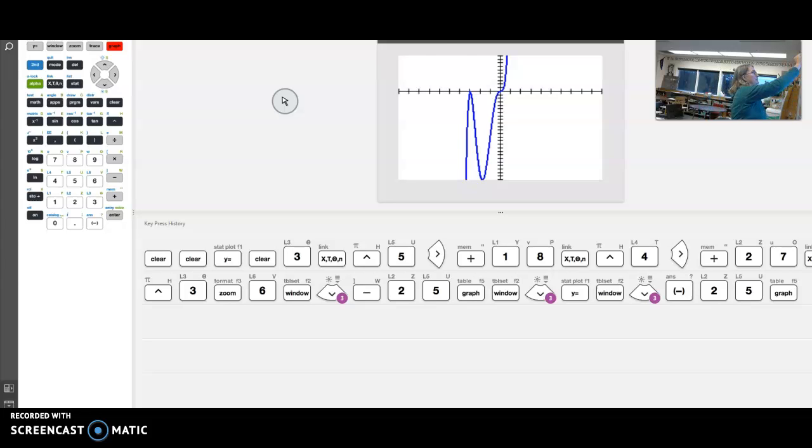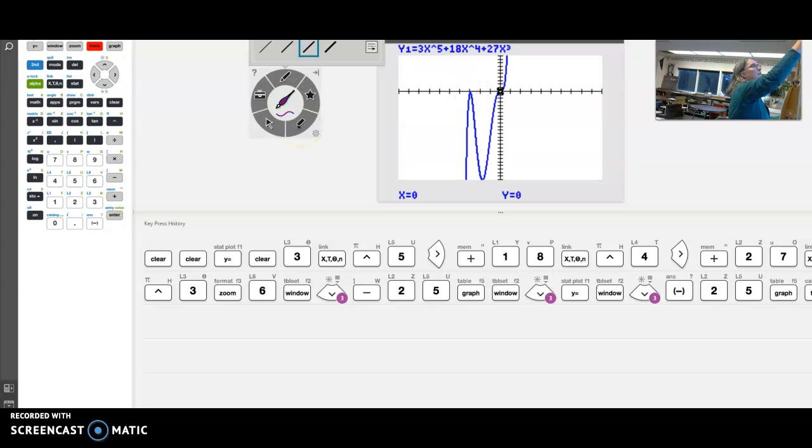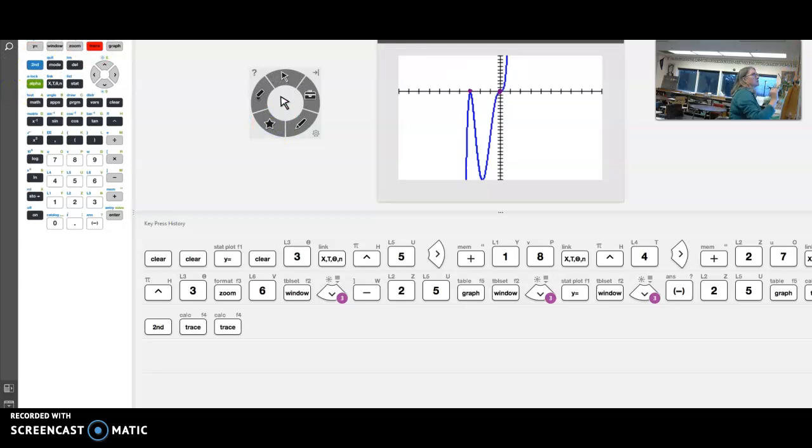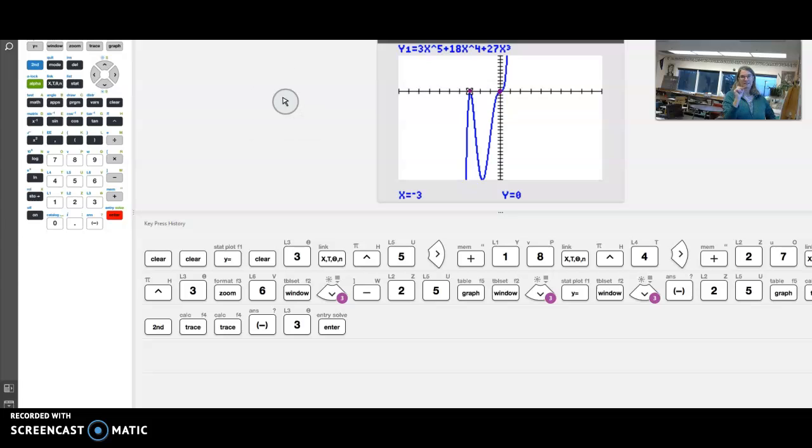And my zeros are my x-intercepts, right here and right here. And if I trace to -3, which is one of the zeros, you can see that that is indeed an x-intercept. And if I go to 0, you can see that's the other x-intercept.